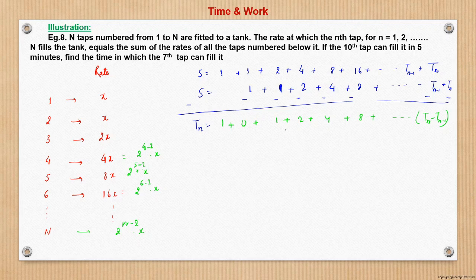So this is again n minus 2 terms, and again a GP series with a common ratio of 2. So it will be 1 plus 1 into 2 raised to power n minus 2 minus 1 upon 2 minus 1, which is 1. So this further we can write as 2 raised to power n minus 2. This is what we had also deduced by the simple visualization. So this has come.